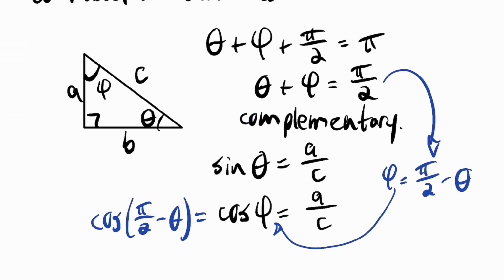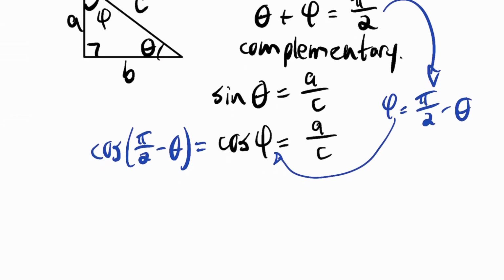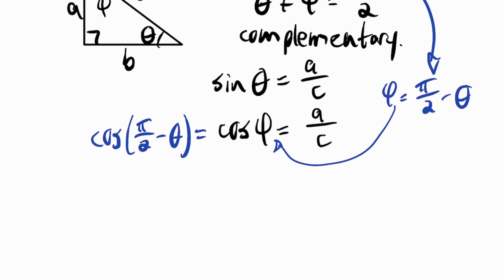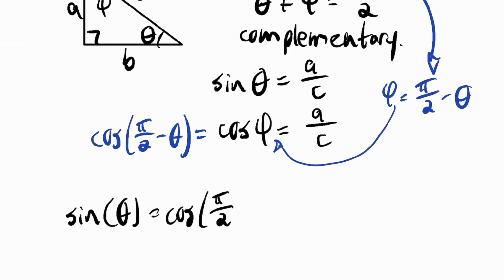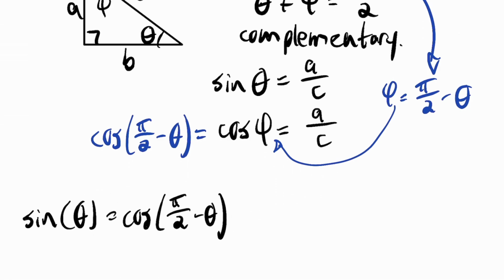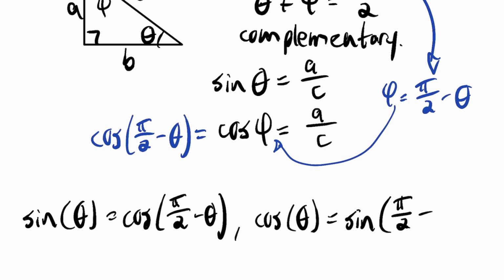So my first cofunction identity that we need to have is sine of theta equals cosine of pi over 2 minus theta. And along with that, sort of a companion to it, is the reverse statement: cosine of theta equals sine of pi over 2 minus theta.